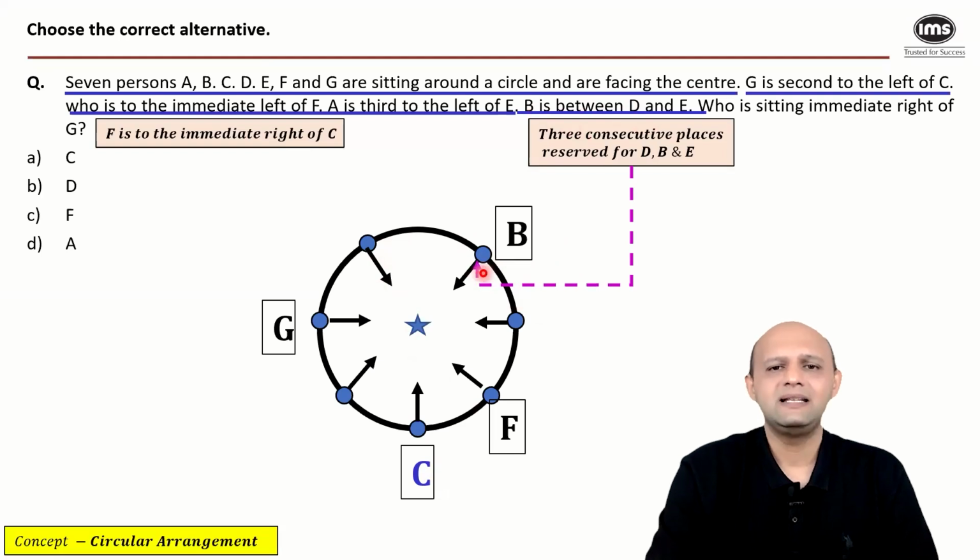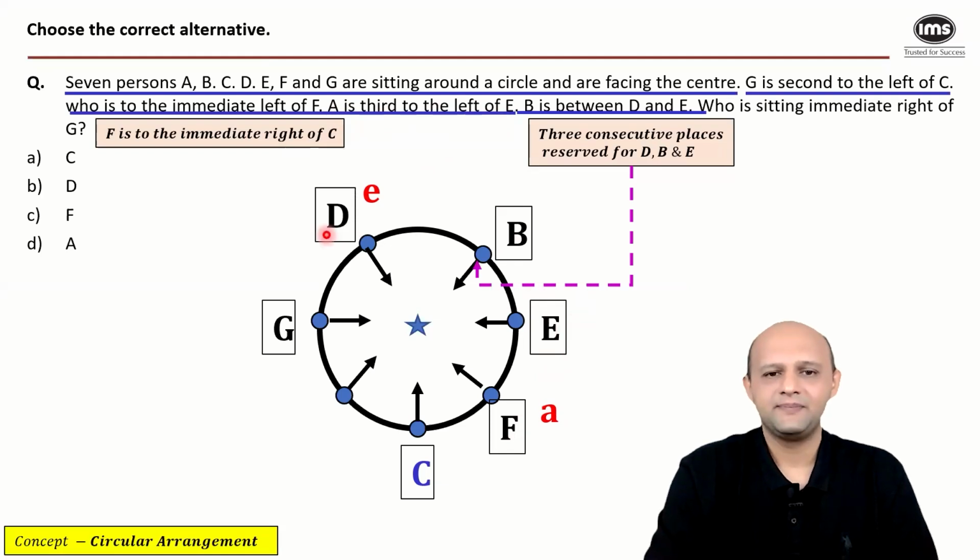Now, deciding the places of D and E is rather easy, because you need to make use of this statement: A is third to the left of E. If you place E here, 1, 2, and 3, A would come here. Is that possible? No, because this place is already occupied by F. So it means that E has to be placed here, to the immediate left of B. Therefore, who will be to the immediate right?